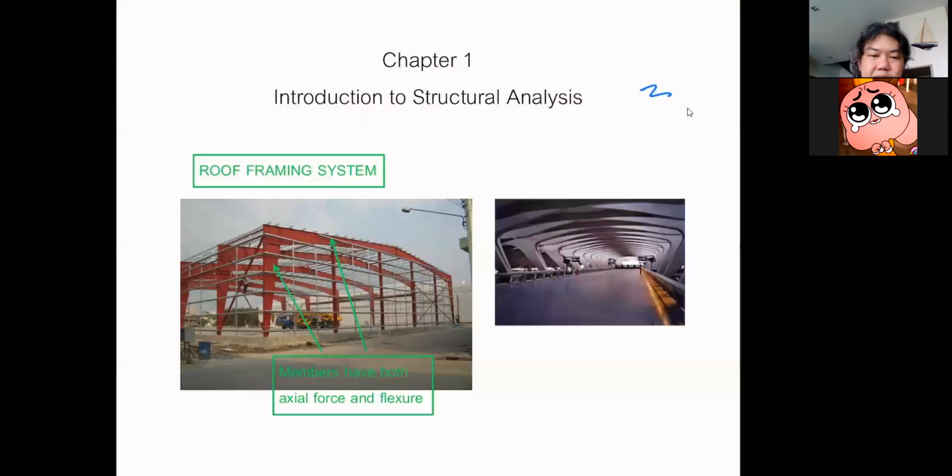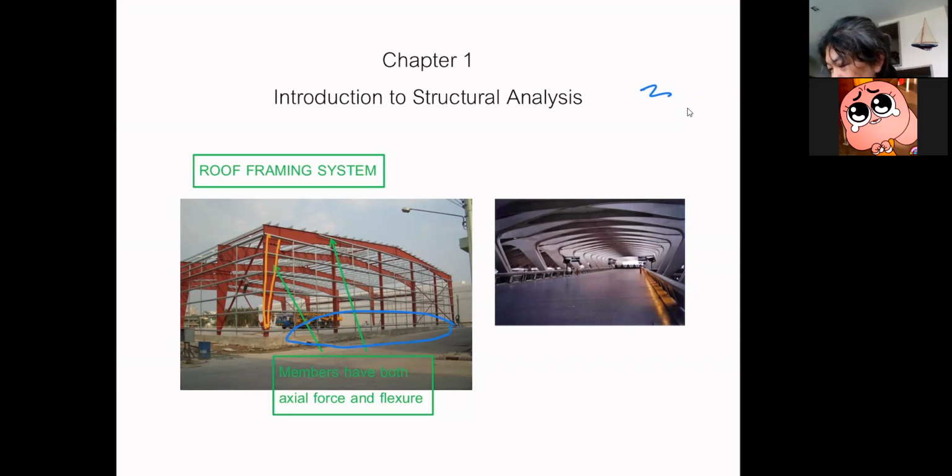So this is the system. As you can see, this is a rigid frame. This rigid frame is part of a factory or warehouse. You need a lot of space down there so that you can keep things. To obtain a large space underneath, you would like to construct a structure with a long span.